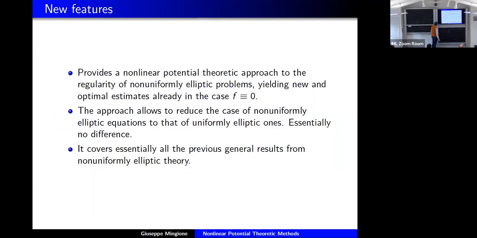And what is the idea? We extend this nonlinear potential theoretic approach to the non-uniformly elliptic case. And then we are able to catch, when f is equal to 0, all the previous results plus other estimates.